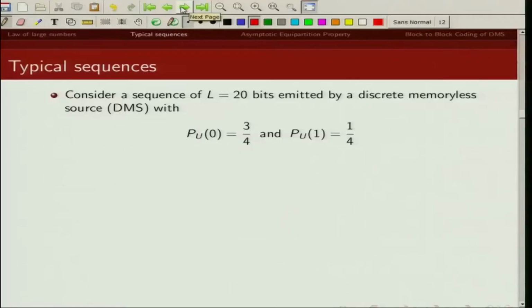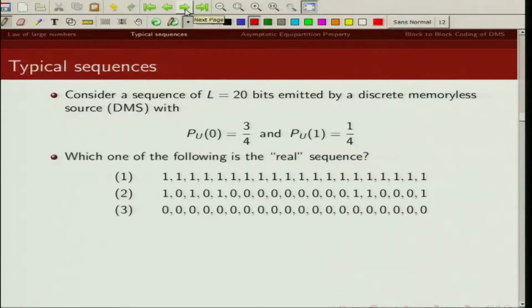So as an example, let us consider a sequence of L bits. I am just taking L to be a small number, 20, because I just want to illustrate this with a simple example. So let us consider a discrete memoryless source which is emitting a binary sequence of zeros and ones with probability given by this. So probability of 0 is 3 by 4, and probability of 1 is 1 by 4.